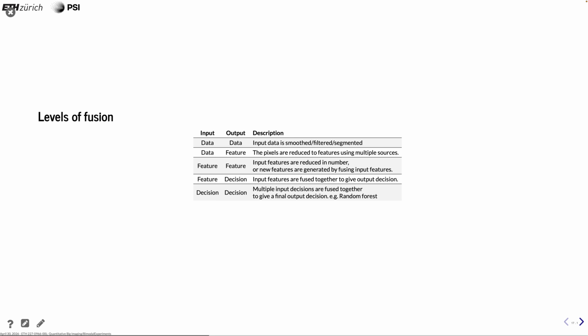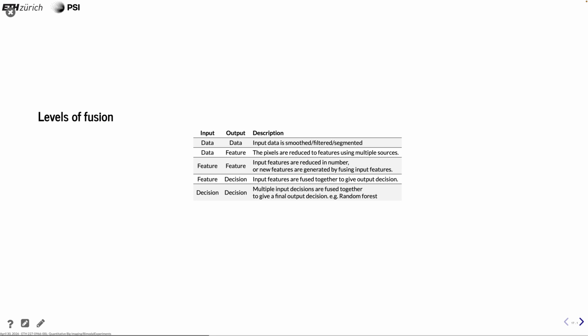Going to a higher level, this table goes down into more and more abstract information. You could do fusion between different features: you have already produced features with each of the modalities, and then you combine them in the feature space.